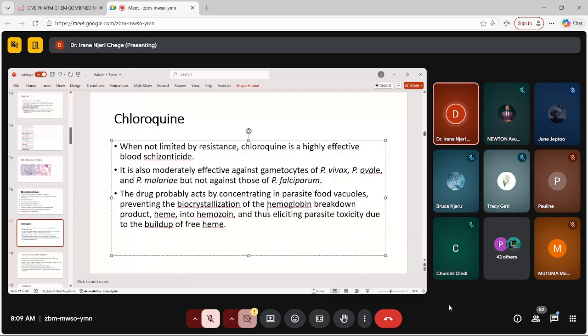Okay, chloroquine. Adverse effects of chloroquine. It used to be used before as a treatment. Now, I hope you know that our national guideline, our main treatment, is AL, artemether-lumefantrine. Before it was there, chloroquine was removed because of resistance. So, it was well tolerated.